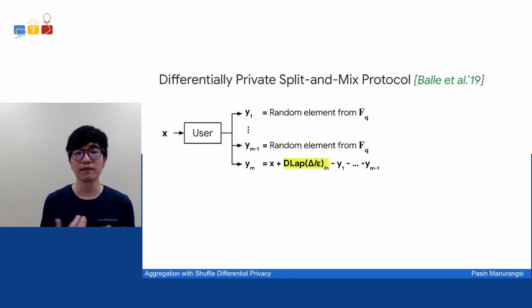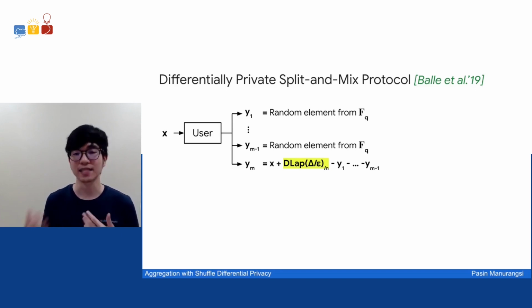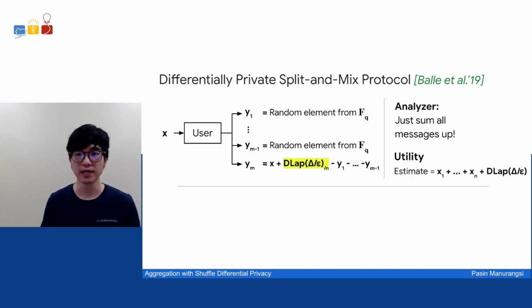And then instead of letting your last message be x minus the sum, you let your last message be x plus the distributed noise minus the sum. And the analyzer again just adds all the messages up. And what is the point here? The point here is that the sum after noise addition is the same as the sum plus a single discrete Laplace noise, as in the central model.